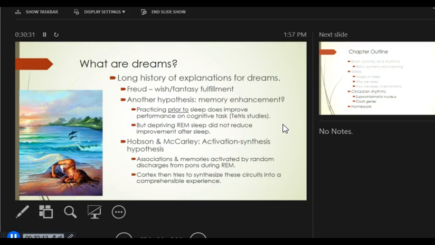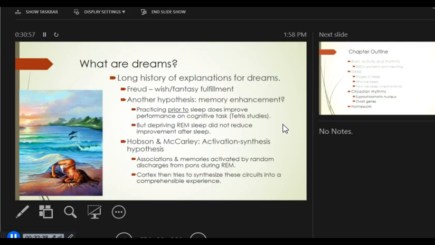The idea is that many of the associations and memories that we perceive during dream states are activated by random discharges from the pons in the midst of REM sleep. The pons, by randomly discharging, is stimulating certain areas of our cortex, posterior parietal cortex, limbic system, these kinds of things.